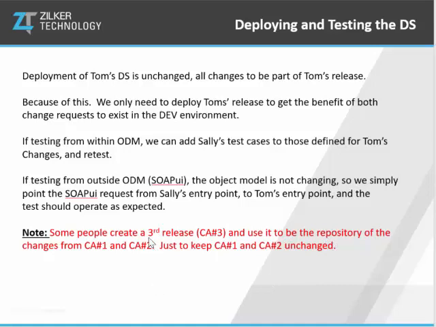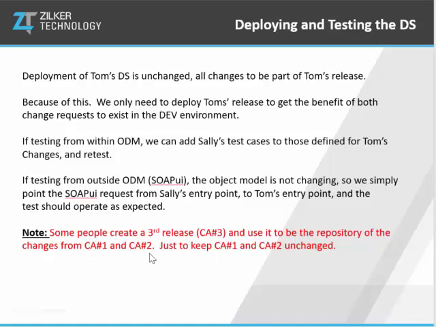They don't want to change any developer's release for the purposes of deployment. When the release manager wants to move forward, they will create a new release 3. They'll merge Tom's changes into there. They'll move forward with release 3, leaving release 1 and release 2 unchanged, right?